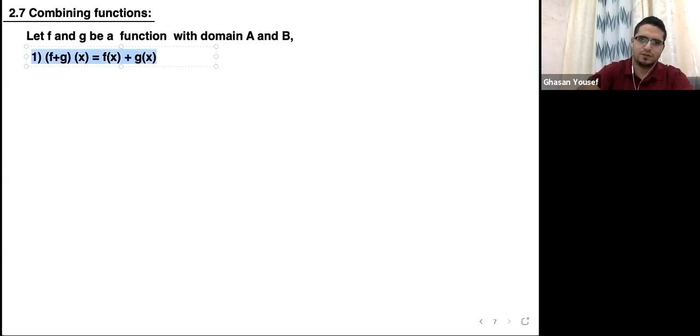For the second one, the difference between these two functions, f minus g of x, is equal to f of x minus g of x. For the third, the product, f times g of x is the same as f of x times g of x.